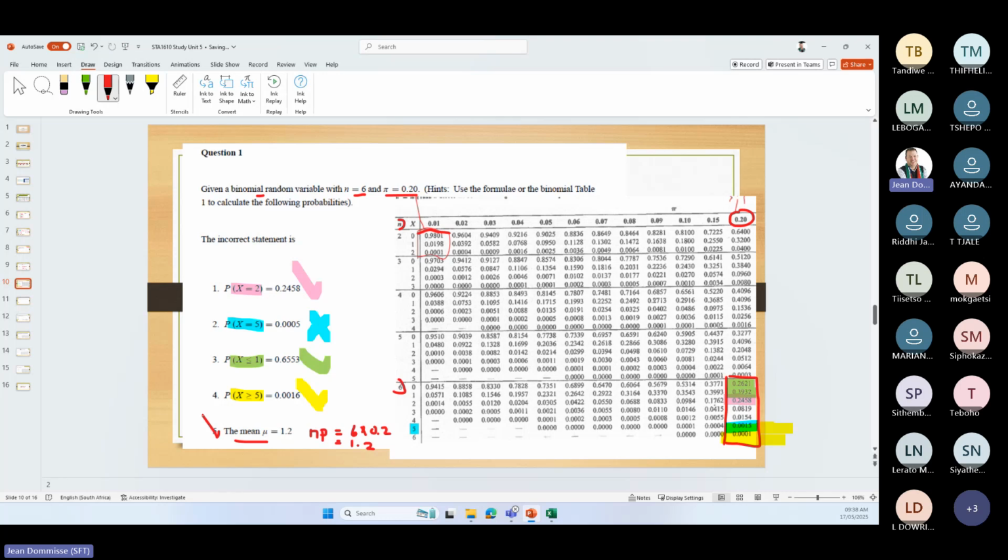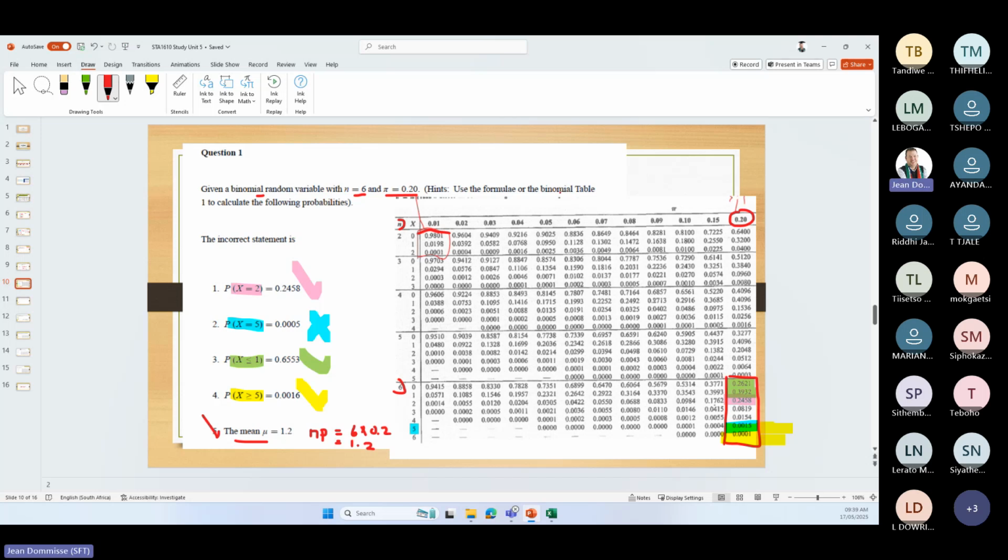So in this one, they basically have asked us to work out some of the probabilities. They've asked us to look at the mean, but you can get everything from that binomial table, and that's why they also said a hint.